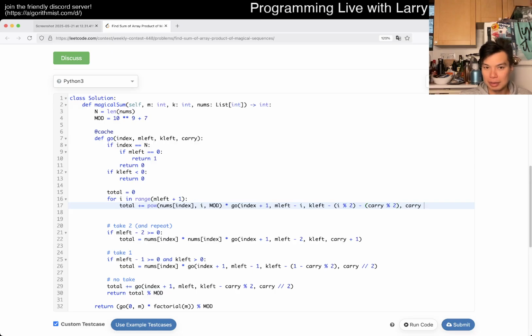Carry, well, carry now we divided by 2 plus something like this, right?